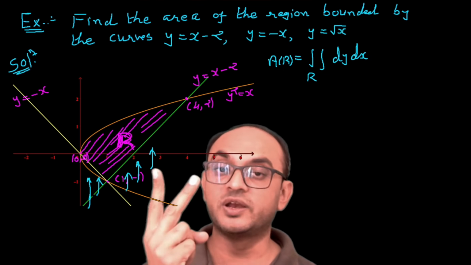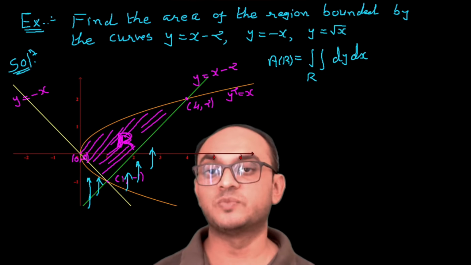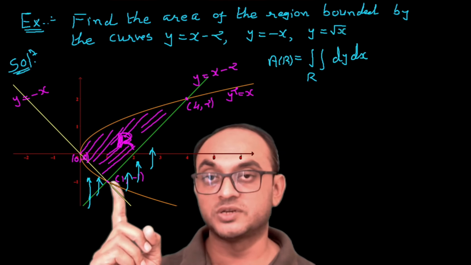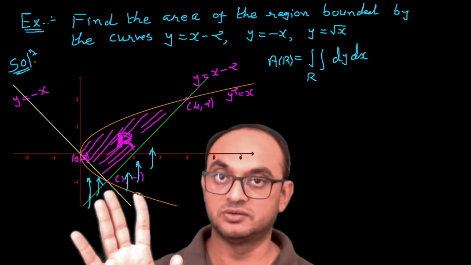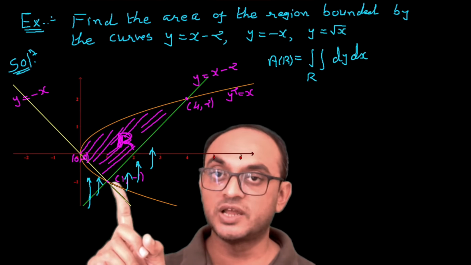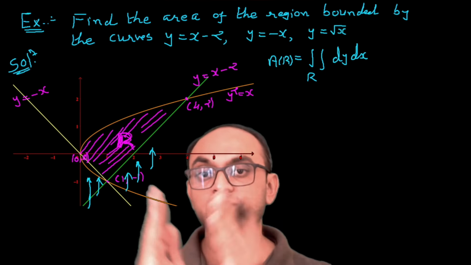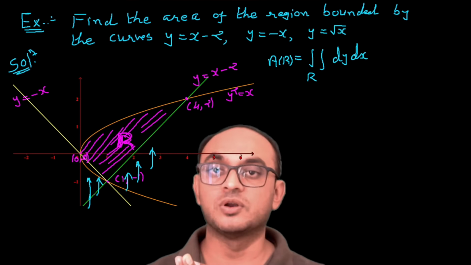So here we have two entries, either the line y equal to minus x or the line y equal to x minus 2, and they are divided at these corner points. This is only the observation. If your region has the corner point, then from the corner point divide your region into two parts, the left side of the corner point and the right hand side of the corner point.